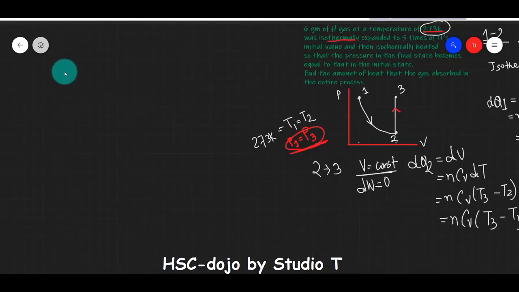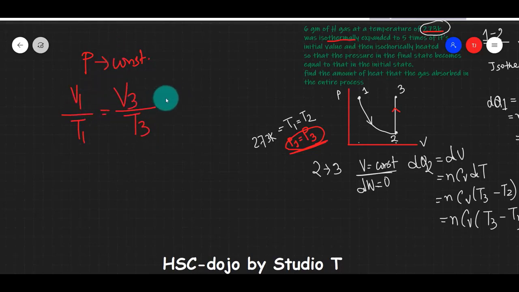So for 1 and 3 we can write, because here P is constant, V1 by T1 is equal to V3 by T3, and we already know that V3 is actually equal to V2 because the process 2 to 3 is isochoric, so volume is kept constant.